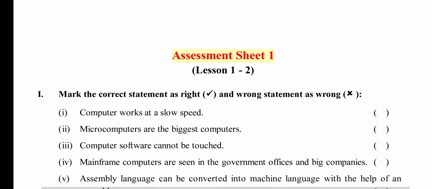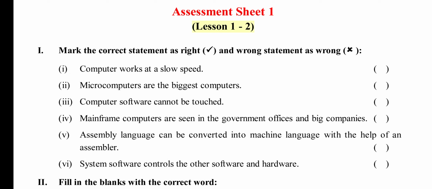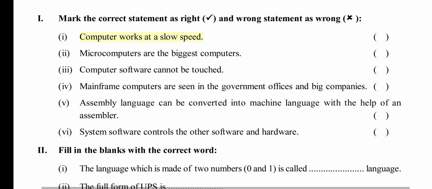Assessment Sheet 1, Lesson 1 to 2. One: Mark the correct statement as right, and the wrong statement as wrong. Computer works at a slow speed. Microcomputers are the biggest computers. Computer software cannot be touched.